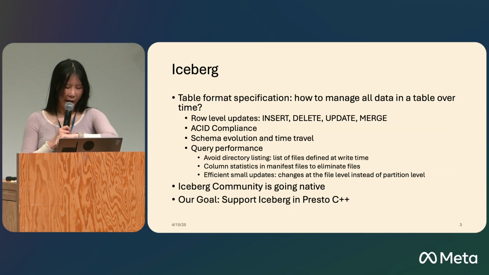It also has query performance in mind from when the creators originally designed this table format. For example, it avoids the expensive directory listing, and it has its own ways to keep column statistics to eliminate files more efficiently.